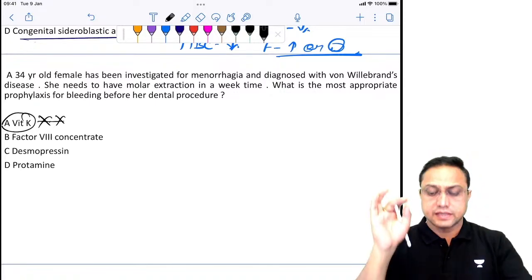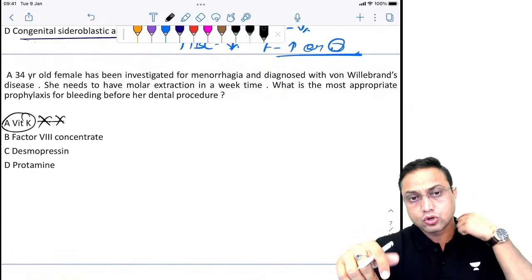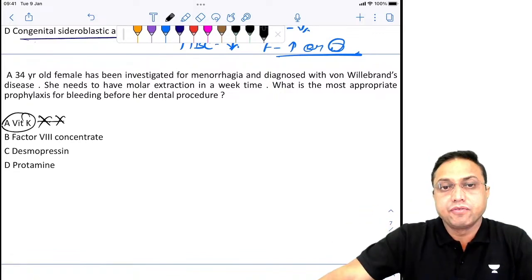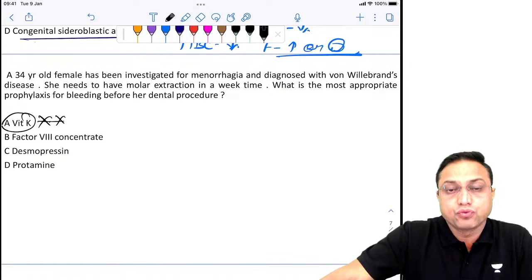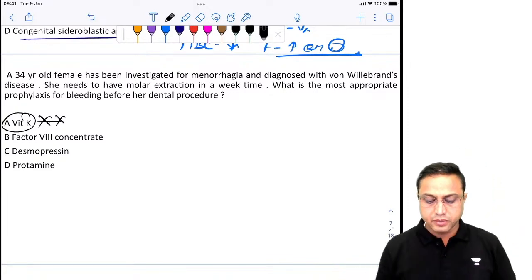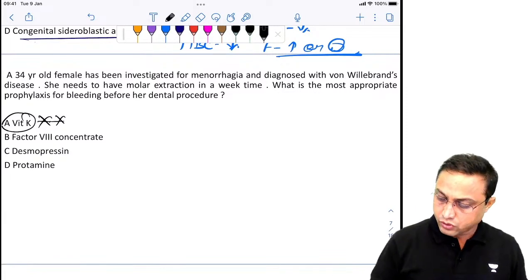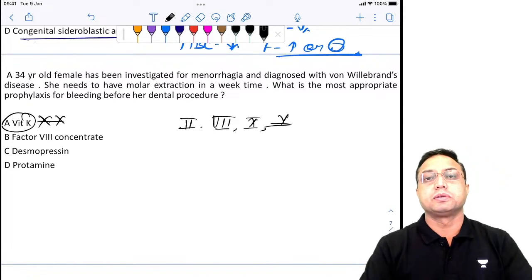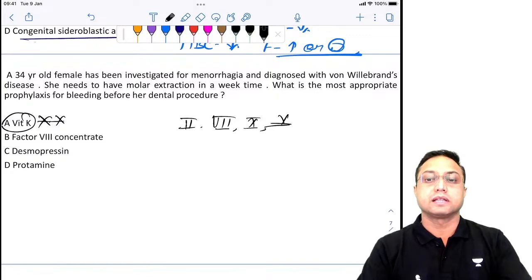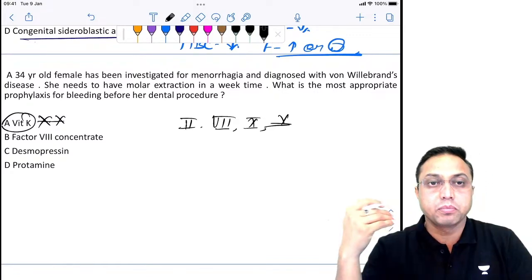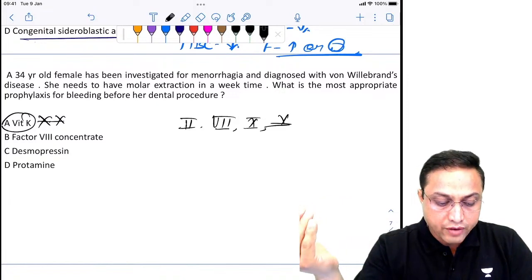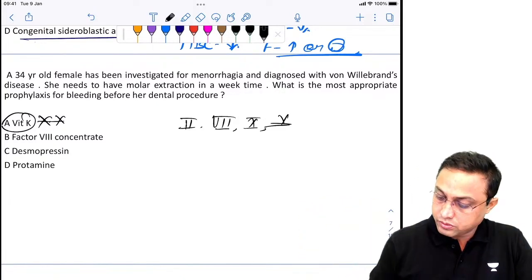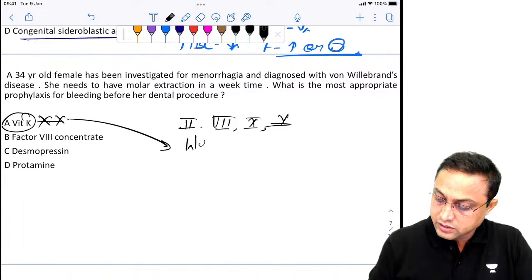Understand the concept here: prothrombin complex concentrates and vitamin K are useful in restoring the stores of the vitamin K dependent clotting factors, particularly 2, 7, 9, and 10. They are used mainly in cases where the bleeding is related to warfarin or overdose.